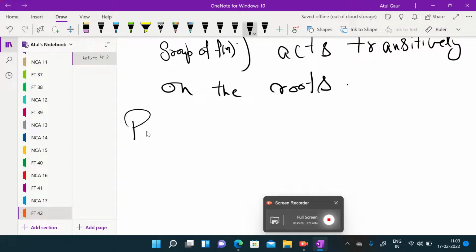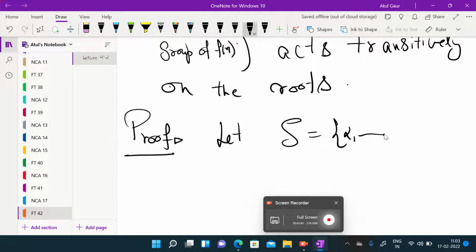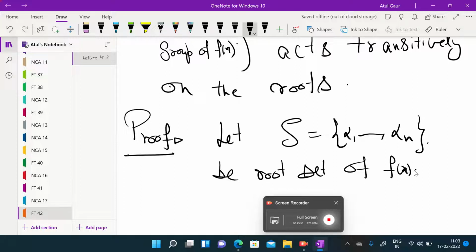so let's see the proof. Let S, call it alpha 1, alpha 2, ..., alpha n, be the root set of f(x).